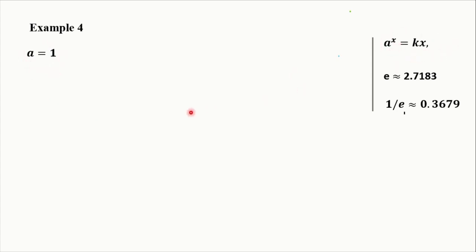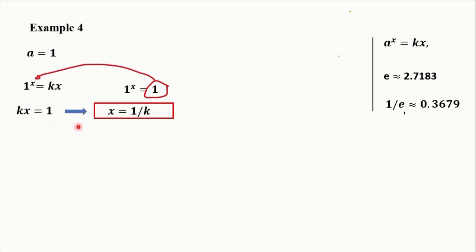Finally, we will consider example 4, which corresponds to the case a equal 1 in our initial equation. So we have the equation 1 to the power x equals kx. We know that 1 to the power x is equal to 1, so we can rewrite this equation as kx equals 1, and we immediately have the solution x equals 1 over k.